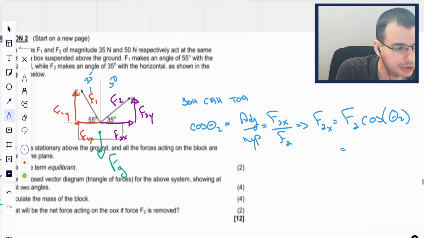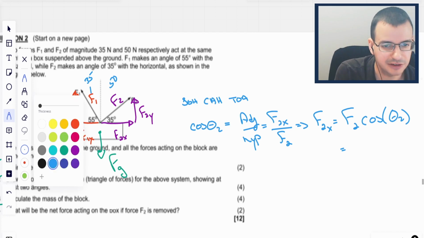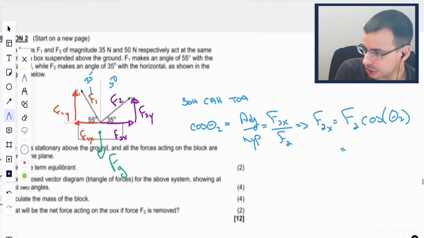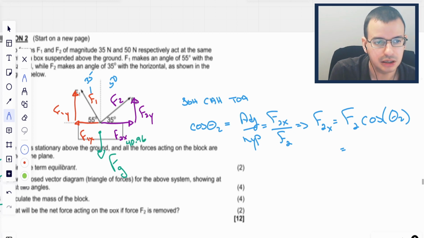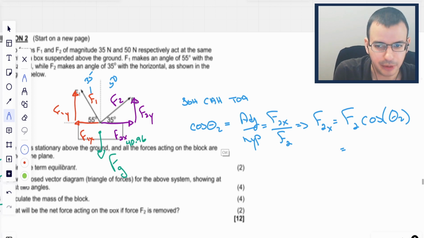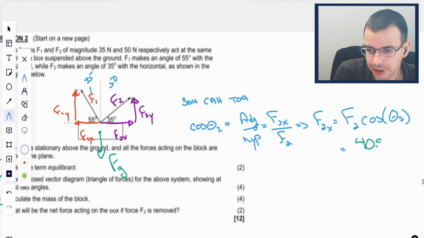I'm going to do some rounding here just because it's convenient. So I'm going to call this one 40.96 for F2x. We do something similar.